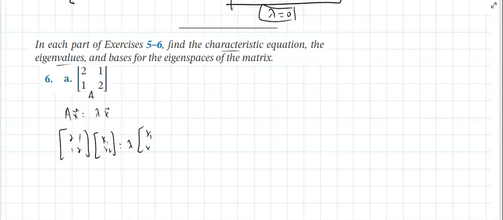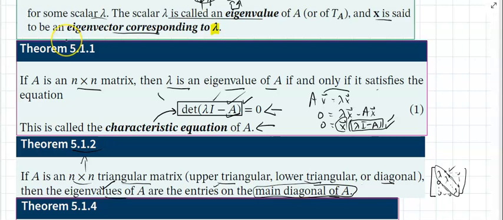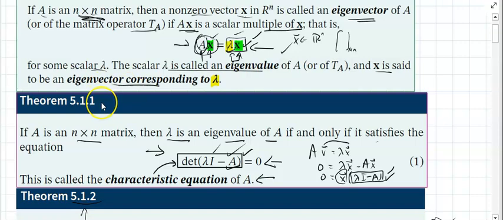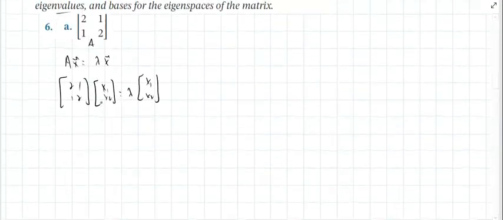Let's just make sure we grasp where this comes from. So for now, we're doing this. That's how they did it first. And if I look at this, well, hey, that is a 2 by 1. That is 2x1 plus x2. And that is x1 plus 2x2.